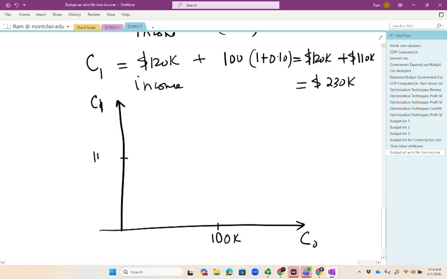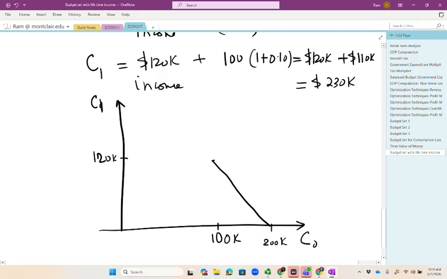So 120k future income, 100k current income is always available. The maximum consumption in current time is when the consumer borrows at 20%. So that turns out to be 200k. And so this is the consumption set when the consumer is borrowing against future income.